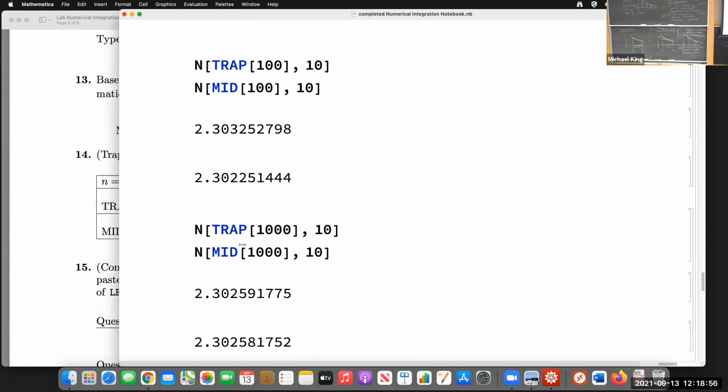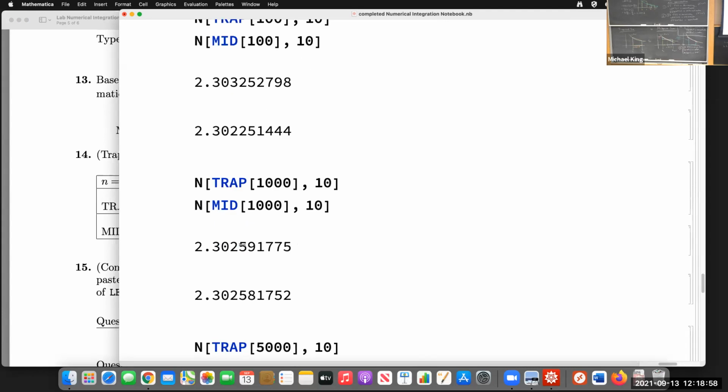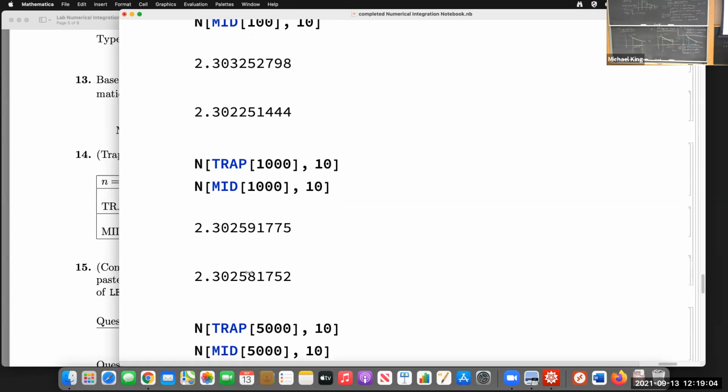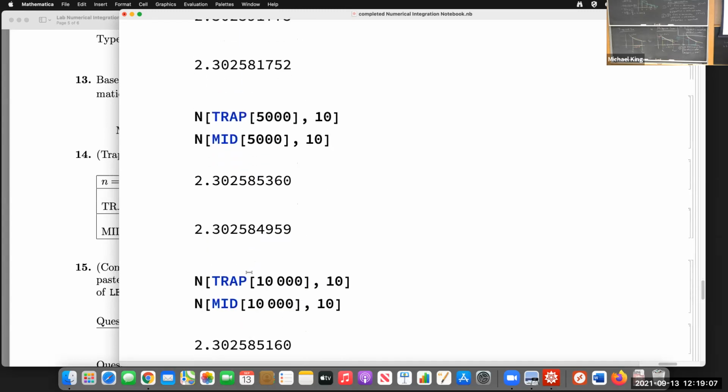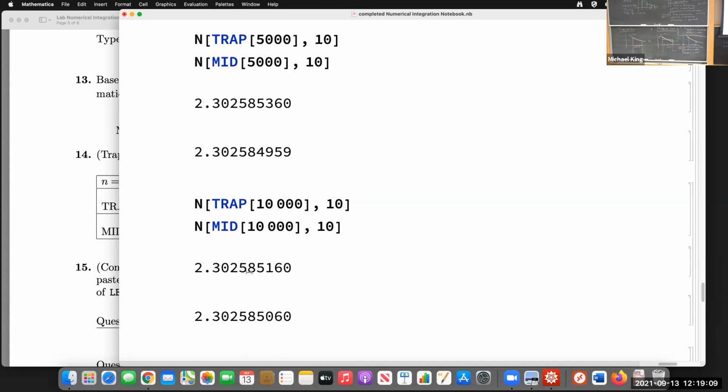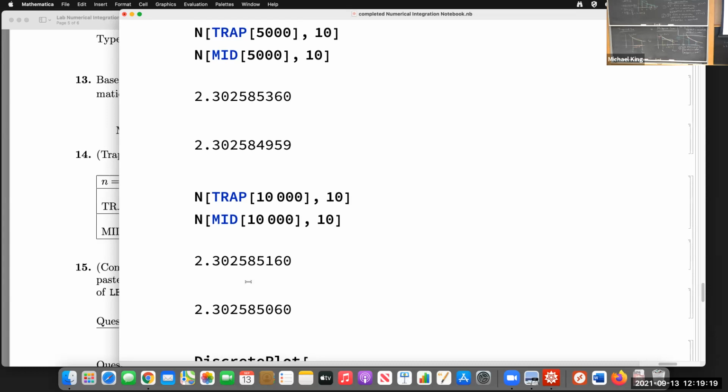With 1,000 rectangles, we have 4-digit, or maybe even close to 5-digit accuracy. And with 10,000 rectangles, we definitely have 6-digit accuracy, 302585, right? So we're getting better estimates too.